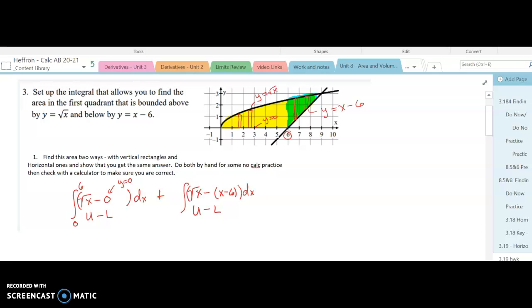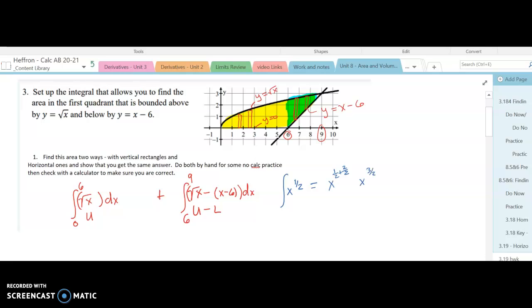And our limits are, this time we start at 6, and we end where these meet at x equals 9. So as we think about finding the antiderivative of square root of x, that's really x to the 1/2. So we're going to add 1 to that. 1/2 plus 1 as 2 over 2 gives us x to the 3 over 2.